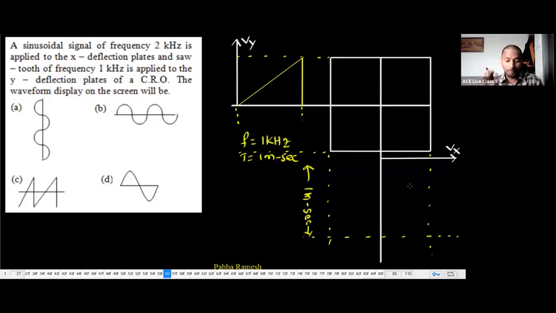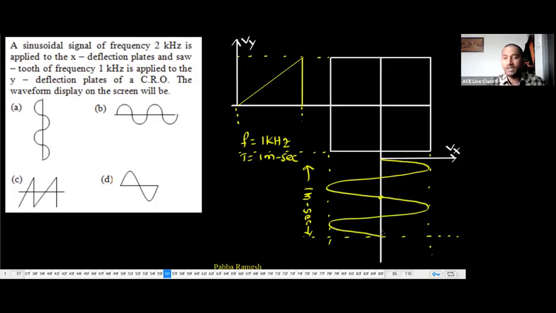But this horizontal plate waveform is having 2 kilohertz. 2 kilohertz means what is the time period? 0.5. So therefore, in 0.5 milliseconds of time, one sine wave and in the other 0.5 milliseconds of time, another sine wave, nothing but 2 cycles will be present. Clear? Right? Means in 1 millisecond of time, here 1 cycle, here 2 cycles. No problem. It is given.